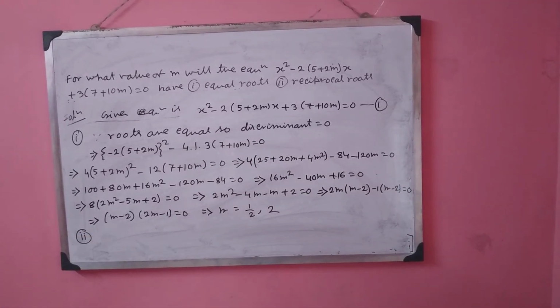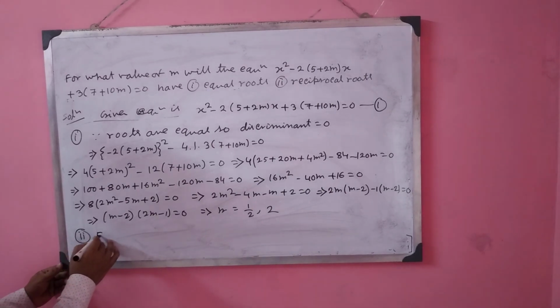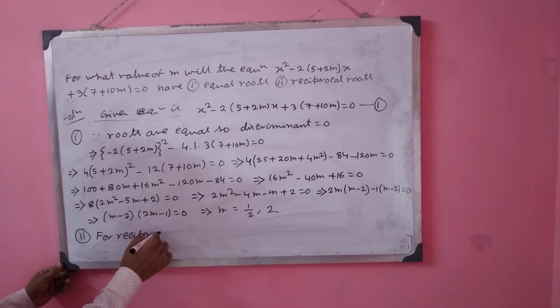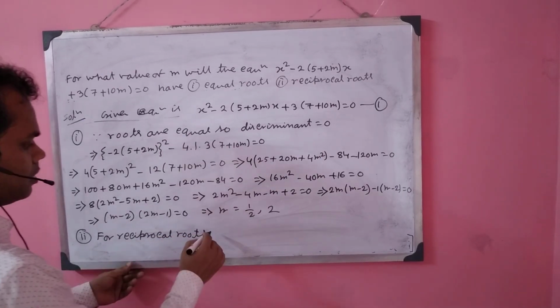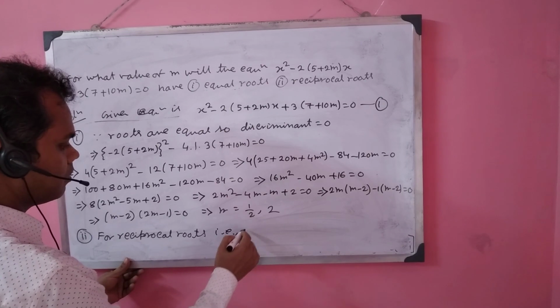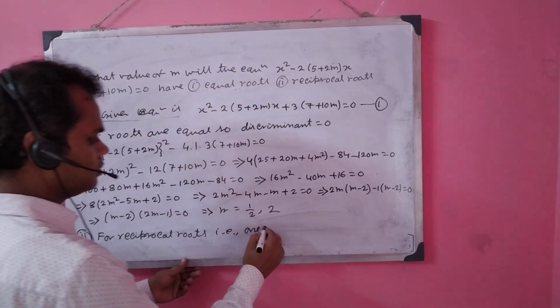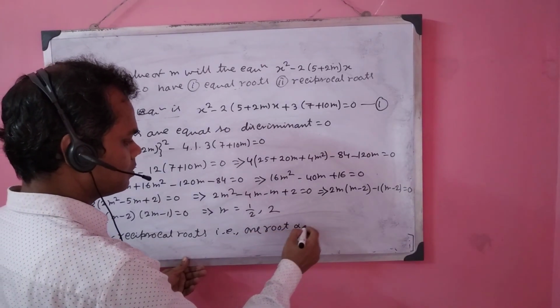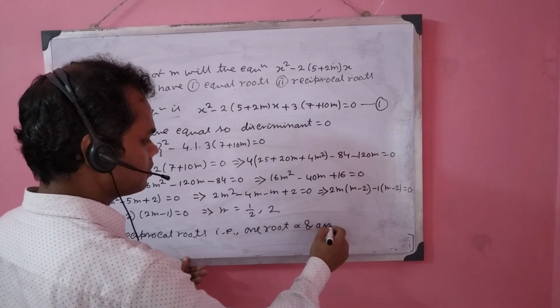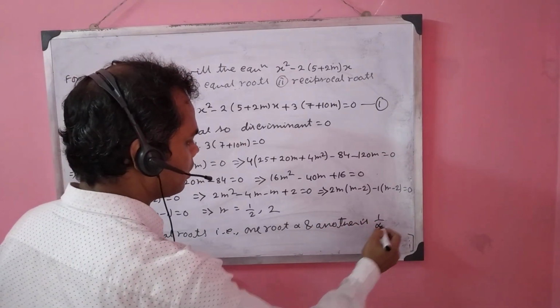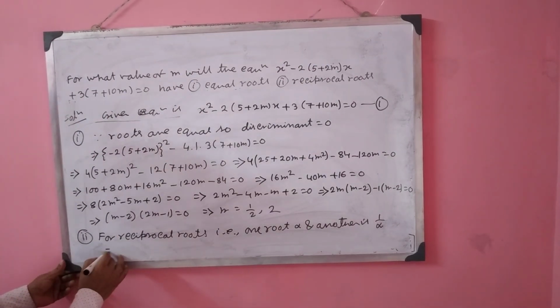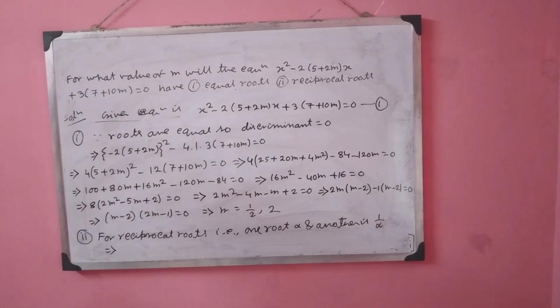And for reciprocal roots, that means one root is alpha and another is 1 by alpha. So the product of roots is 1.